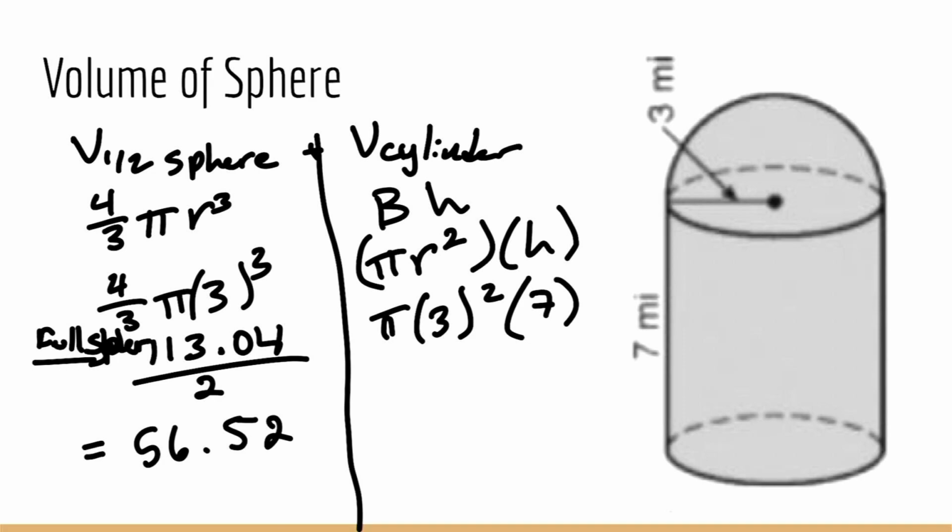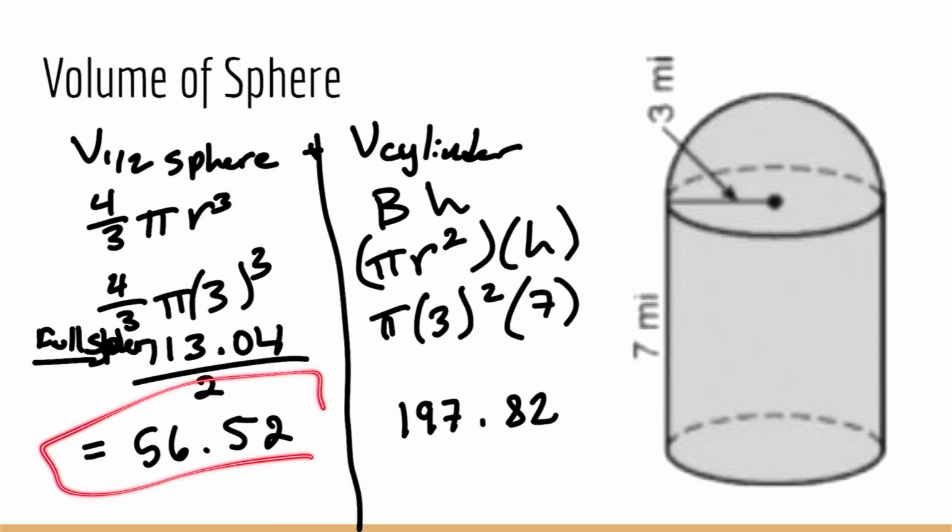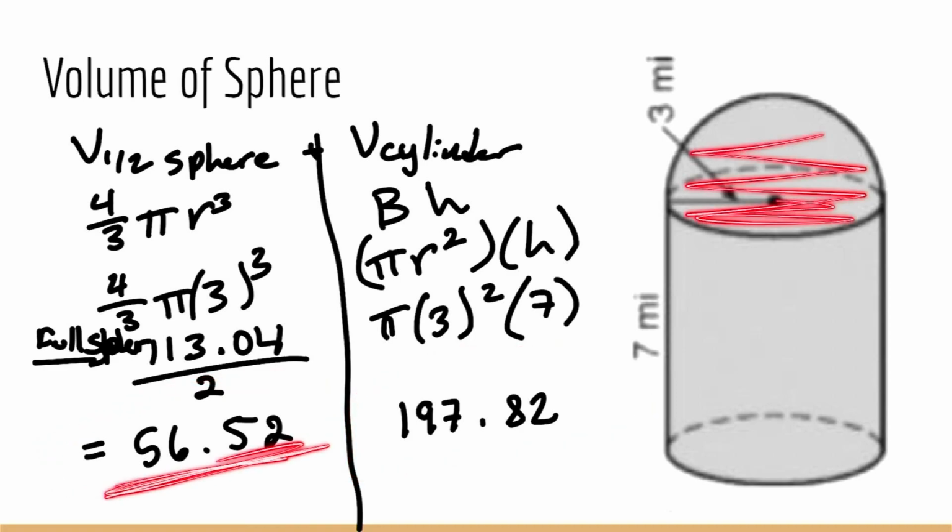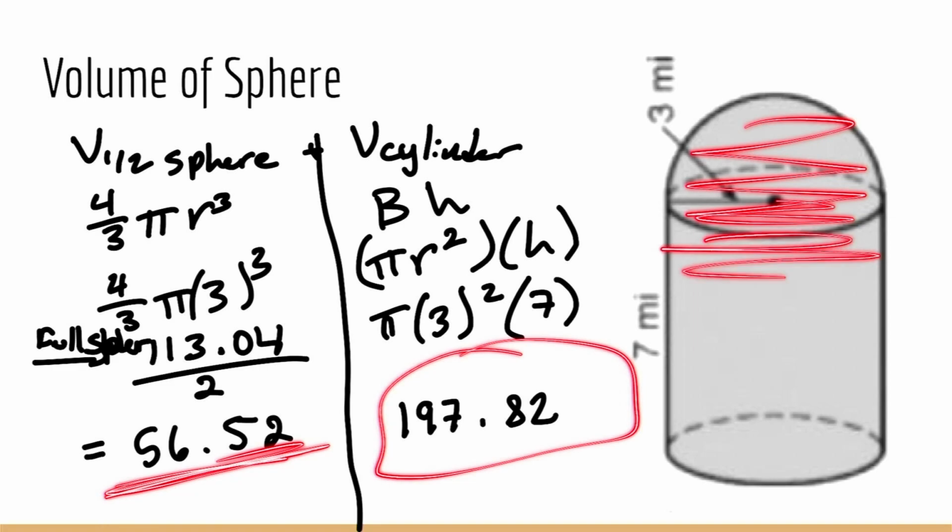Now you can put this in your fancy calculators. I got 197. That doesn't sound right. 3.14 times 9 times 7. Yeah, 197.82. So we're going to add this number and this number, because this number represents the volume of this hemisphere, and this number represents the volume of this cylinder.